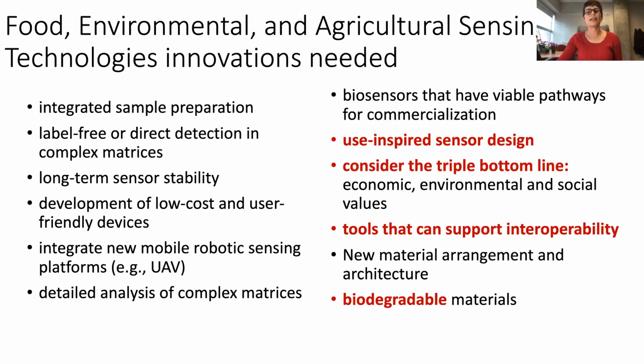And then at the consumer level, can you allow the data to be informative all the way to the end and make it interoperable? Another drive, especially in agriculture and food applications, is that it would be very valuable to use biodegradable materials for sensors, because sometimes they will be left in the field and you want them to not be a problem in the future.